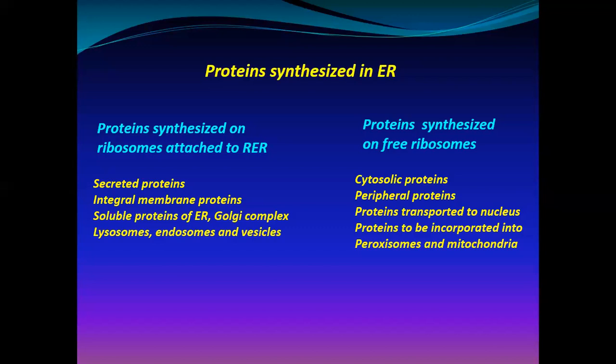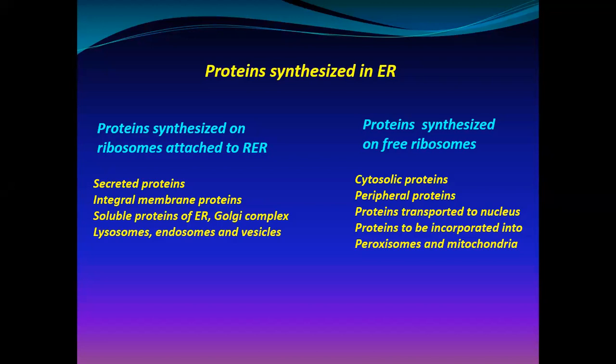Understand this very carefully. Proteins to be incorporated in the peroxisome and mitochondria are synthesized on free ribosomes. The soluble proteins, those of the lysosome, endosome and Golgi complex, are synthesized on ribosomes attached to rough endoplasmic reticulum. So you see the difference.